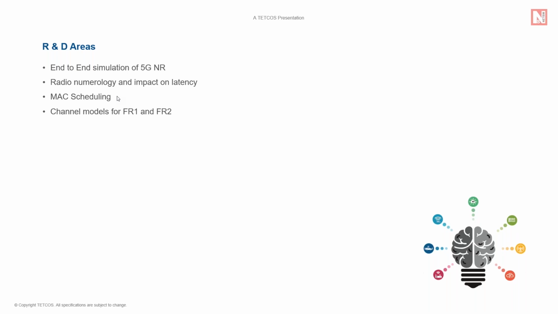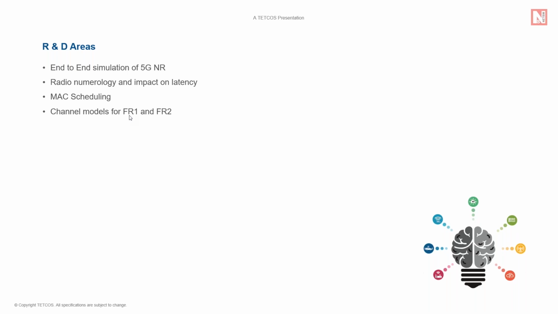We also explained that NetSim supports both FR1 and FR2 frequency ranges in the physical layer. There are some inbuilt channel models for path loss, for fading, for shadowing, for O2I, outdoor to indoor, for line of sight, non-line of sight.